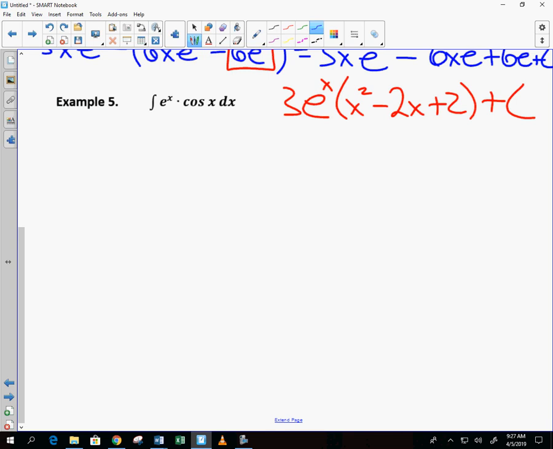Okay, let's look at this one. Integral e to the x cosine of x. Last example. You want g to be cosine of x.